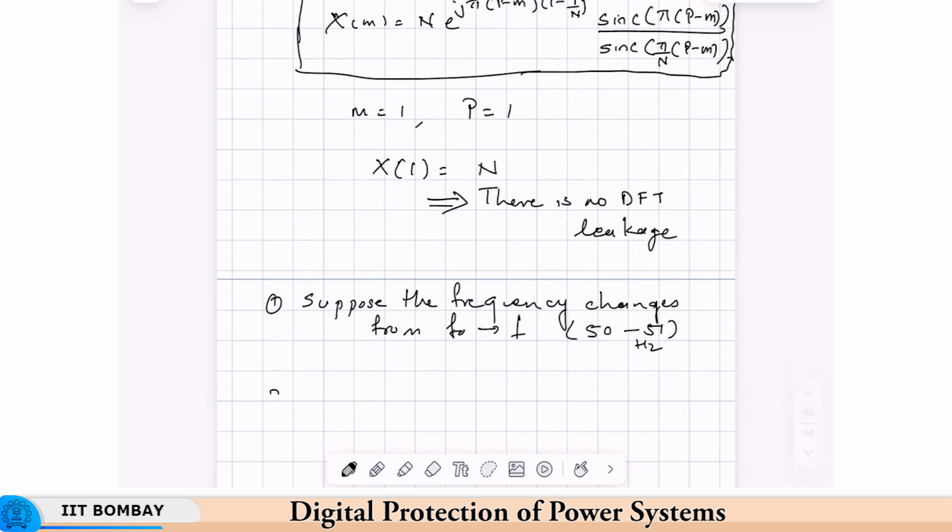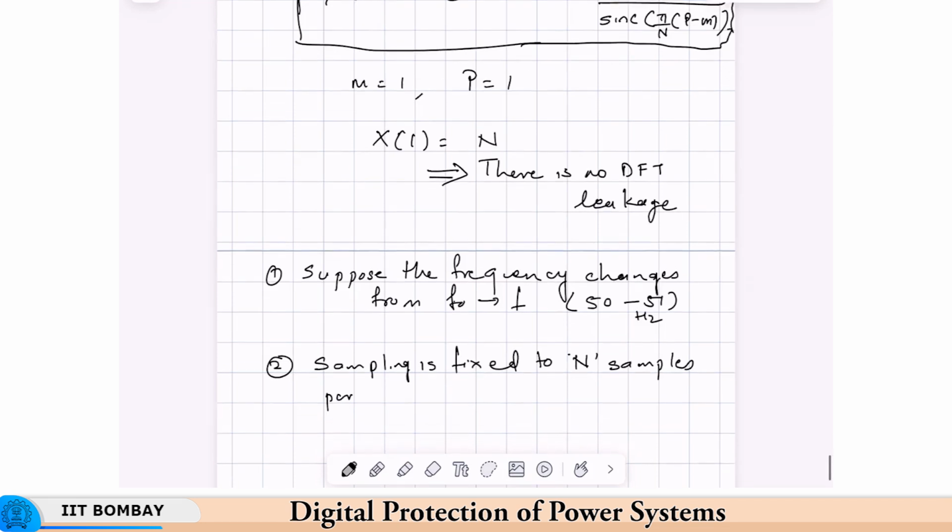Now, the second thing is the sampling is fixed to n samples per cycle of f naught, not f. Okay. You can, there are other techniques of changing it, but here we are assuming that sampling is fixed to n samples per cycle of f naught.